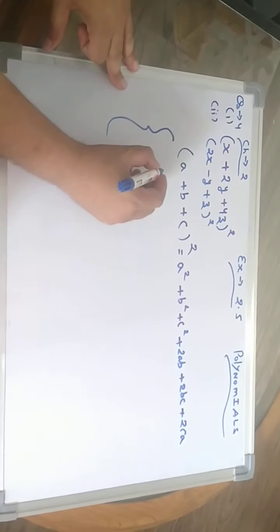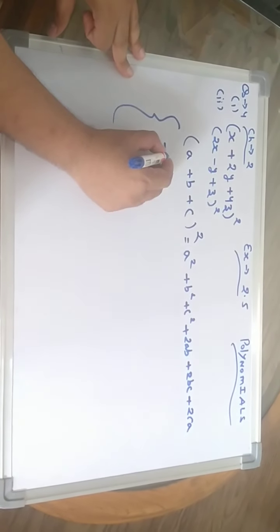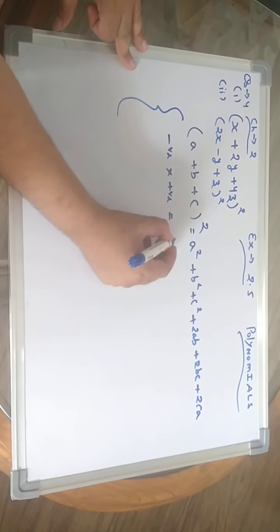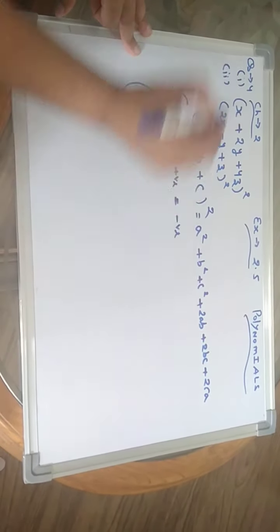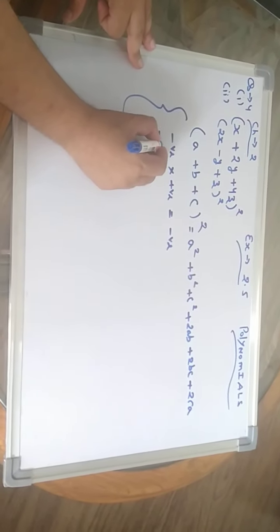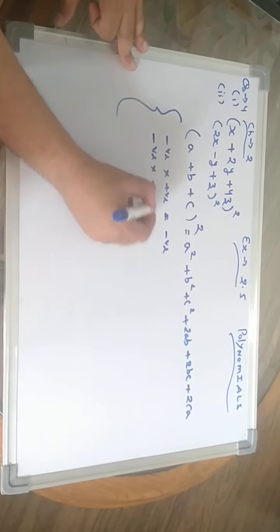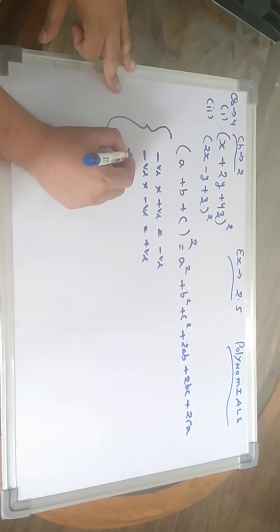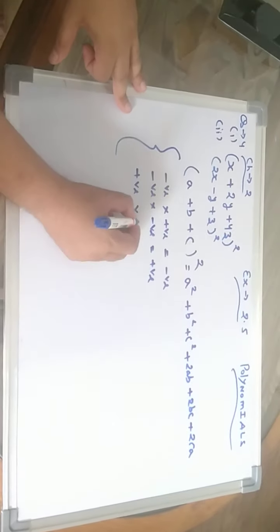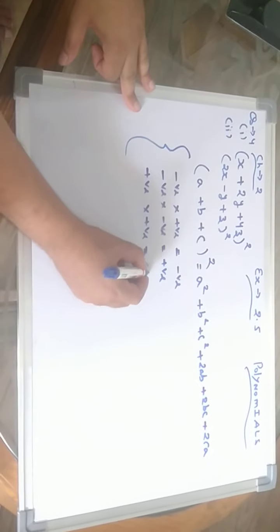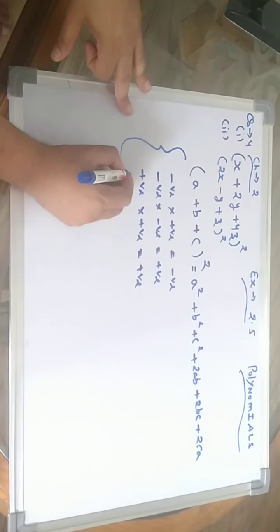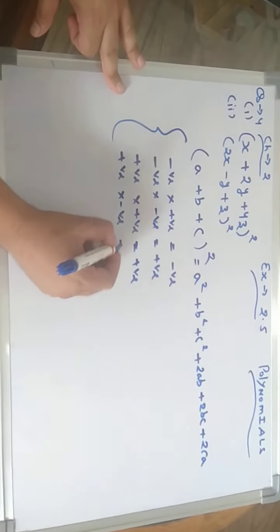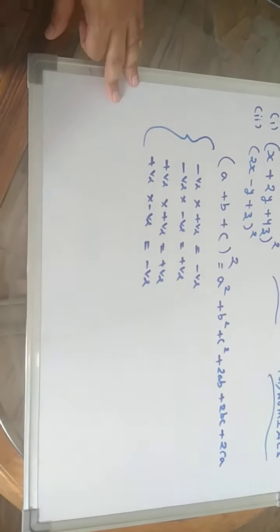When we multiply negative with positive, we always get our answer in negative form. When negative is multiplied by negative, our answer comes out positive. And when positive is multiplied by positive, the result is positive. Similarly, when positive and negative are multiplied, the answer is negative.